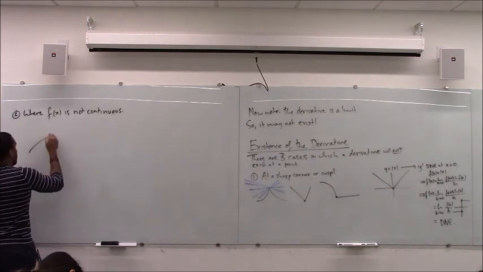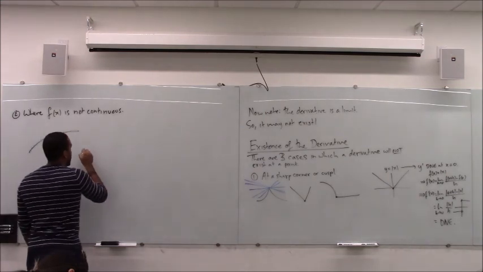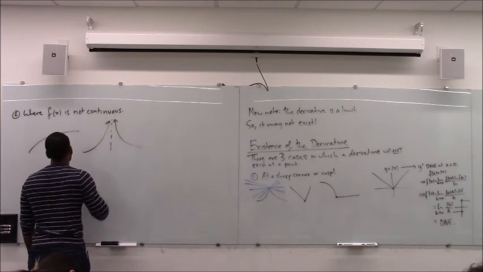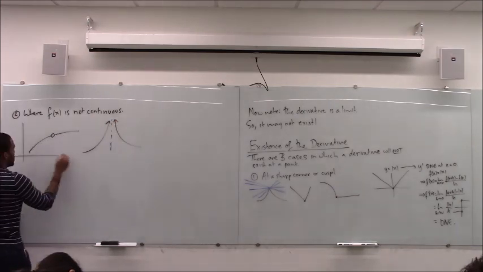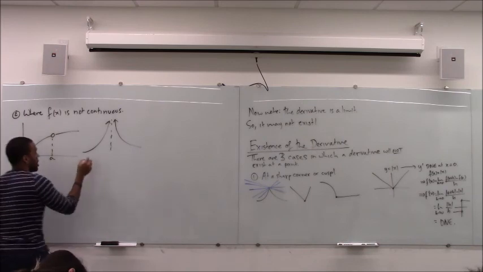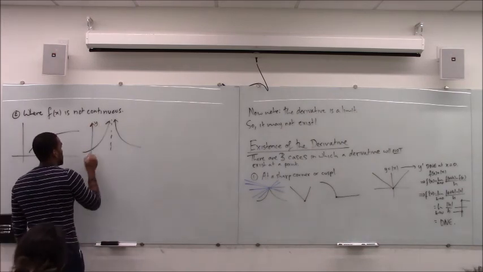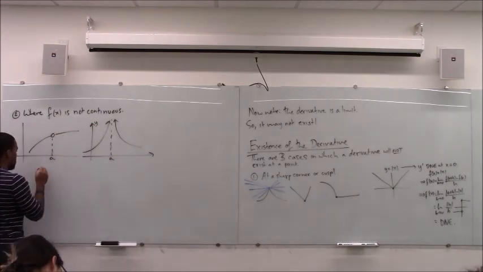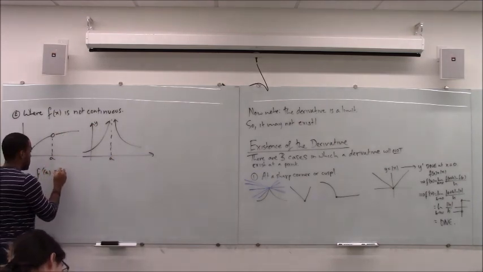Okay. So if you have a hole, or you have an asymptote or something, say that's at a. Right? f prime of a does not exist for the above.